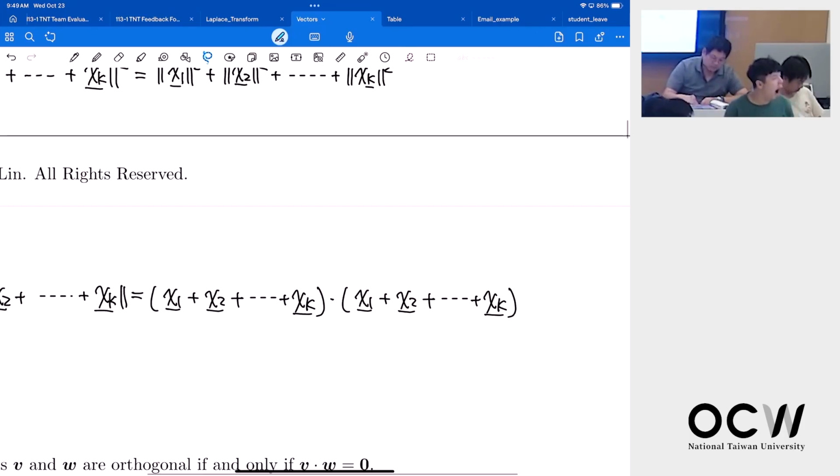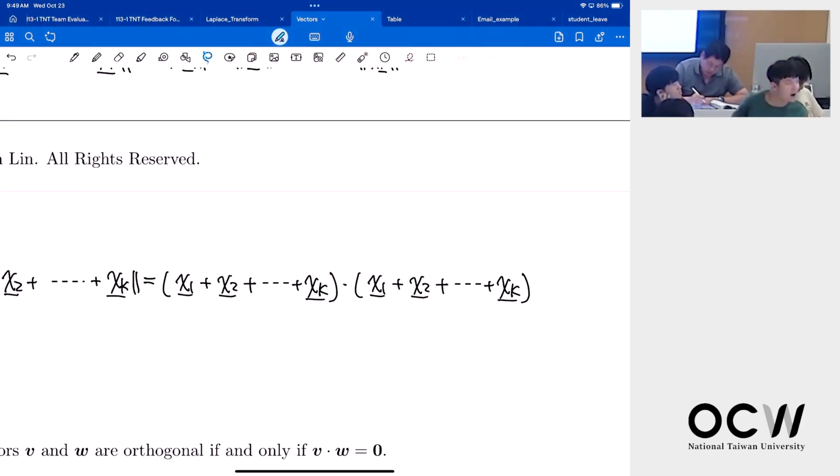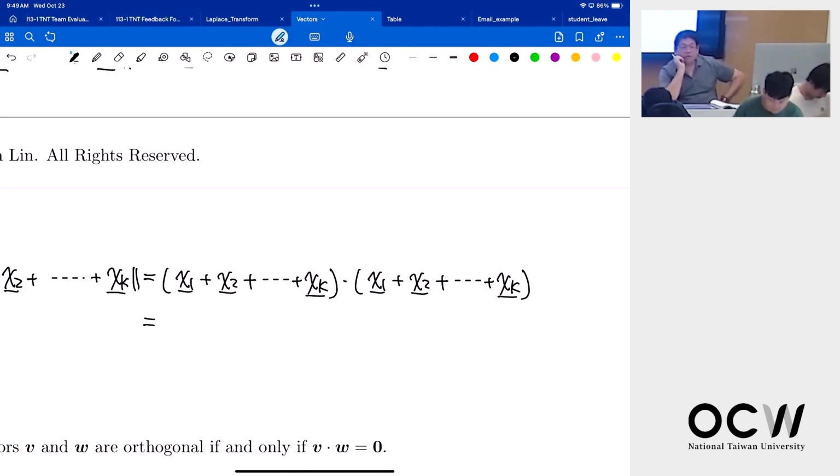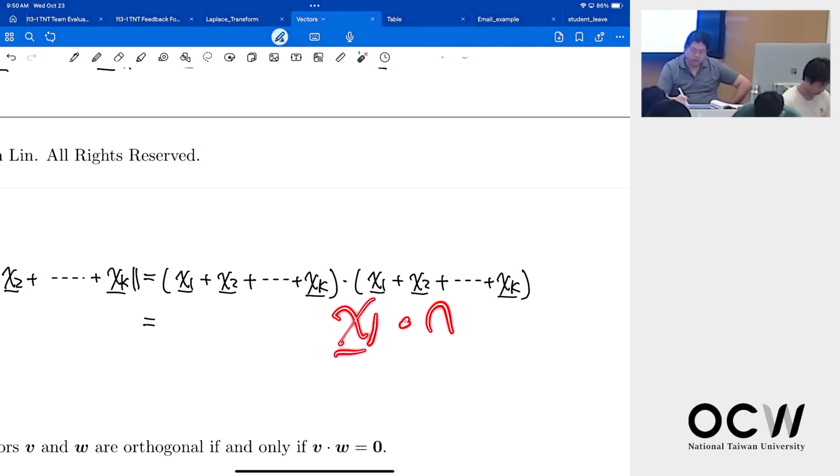So you copy it, what happens? Remember, those vectors are orthogonal. Orthogonal means that the dot product is 0 if you do not dot product yourself. So x1 dot product x2, that'll be 0.